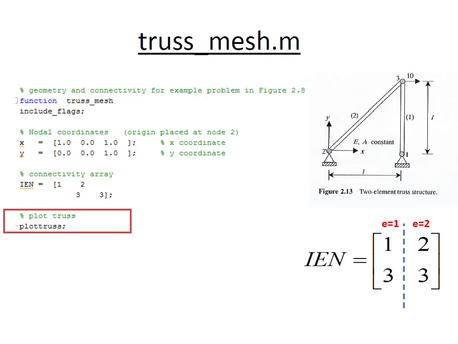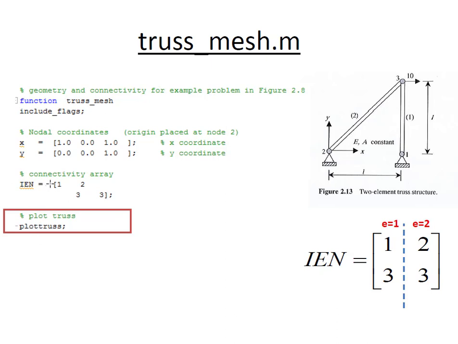That means that the X coordinate of node 1 is 1. The X coordinate of node 2 is 0. And the X coordinate of node 3 is 1. The Y coordinate of node 1 is 0, of node 2 is 0, and of node 3 is 1.